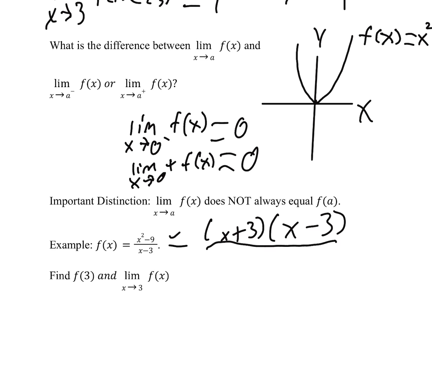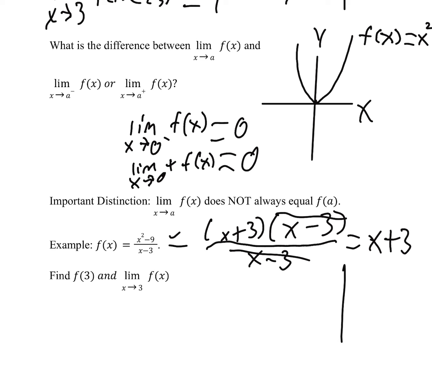And then this is still divided by x minus 3. So since we have the same term on the top and the bottom, I can just cancel those terms. And then f of x equals x plus 3. Maybe that's something you did in pre-calc. Hopefully it is. But that's just how you would simplify a function.